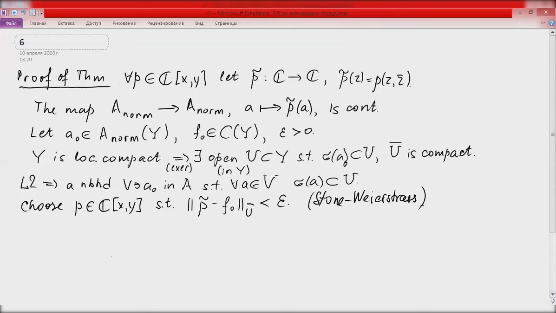Also, without loss of generality, we may assume that for each normal element A in V, P tilde of A is close to P tilde of A0.